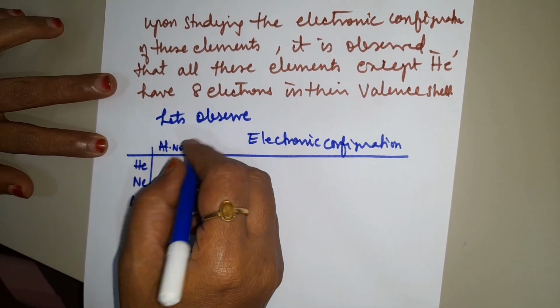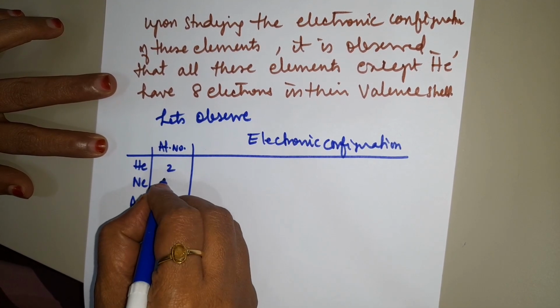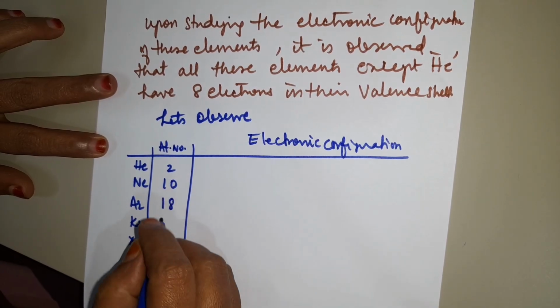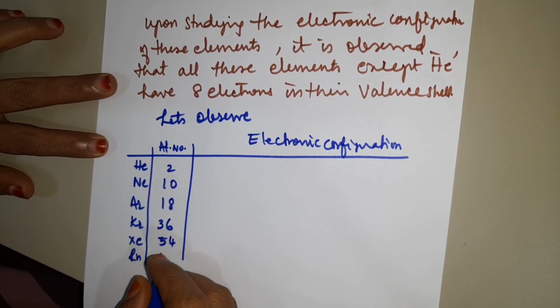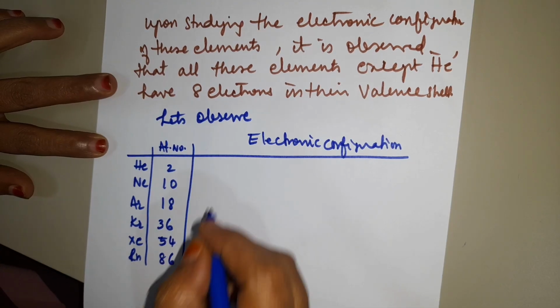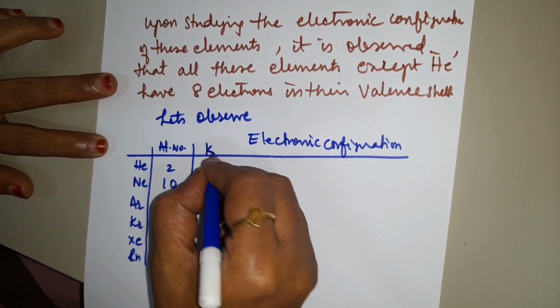Atomic number: helium 2, neon 10, argon 18, krypton 36, xenon 54 and radon 86. Let's observe its electronic configuration.